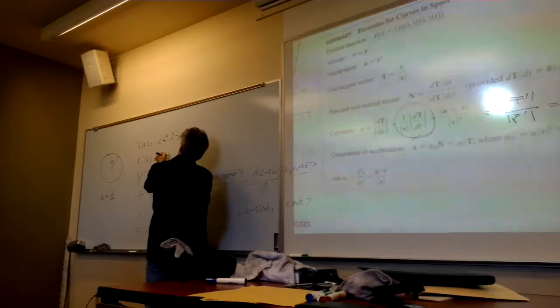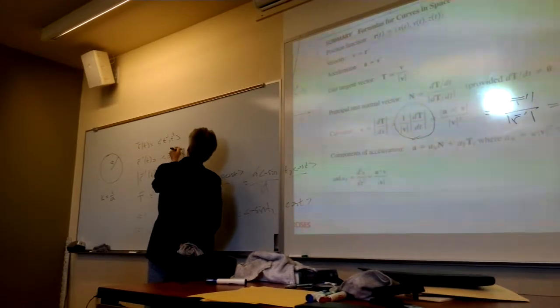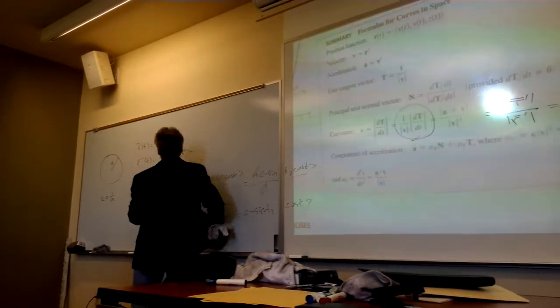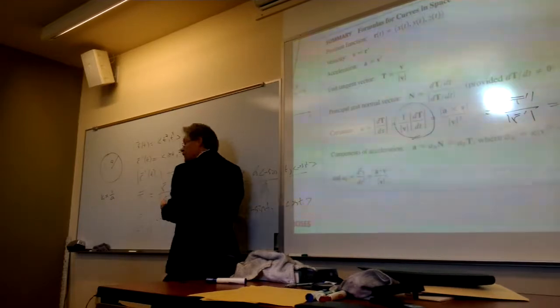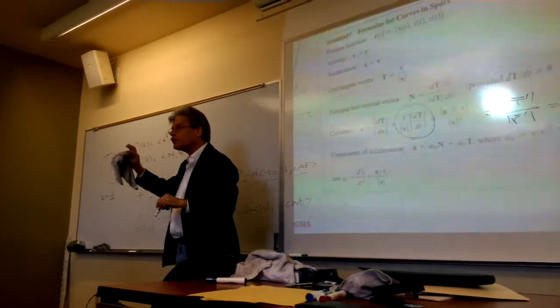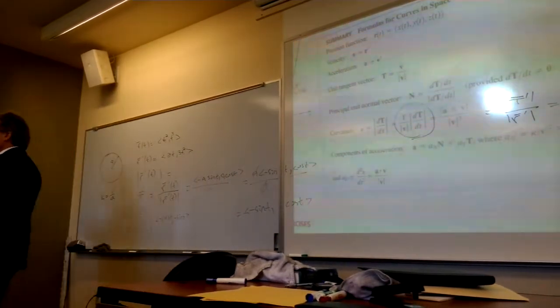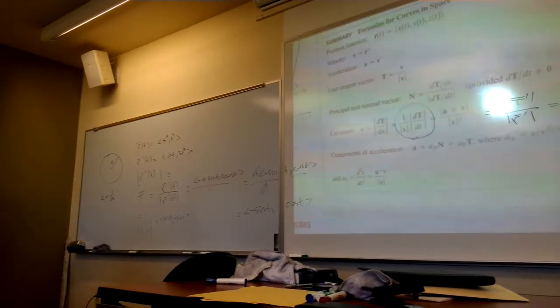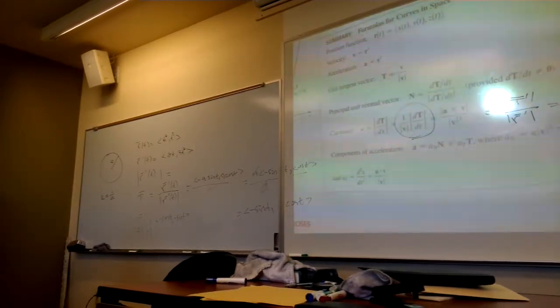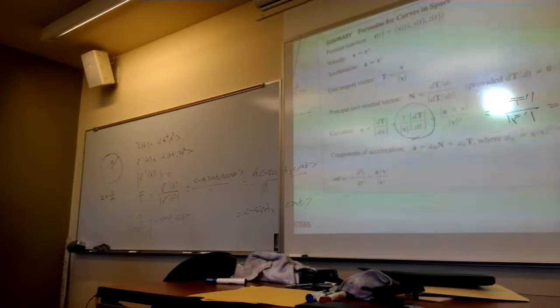R bar prime is easy, is it not? R bar prime's magnitude: unlike the circle example, some of these functions I'm putting on the board are not constant, because for the circle I had constant curvature everywhere. Here I'm not going to have that kind of case. That's why I had to make up a number for the t value.